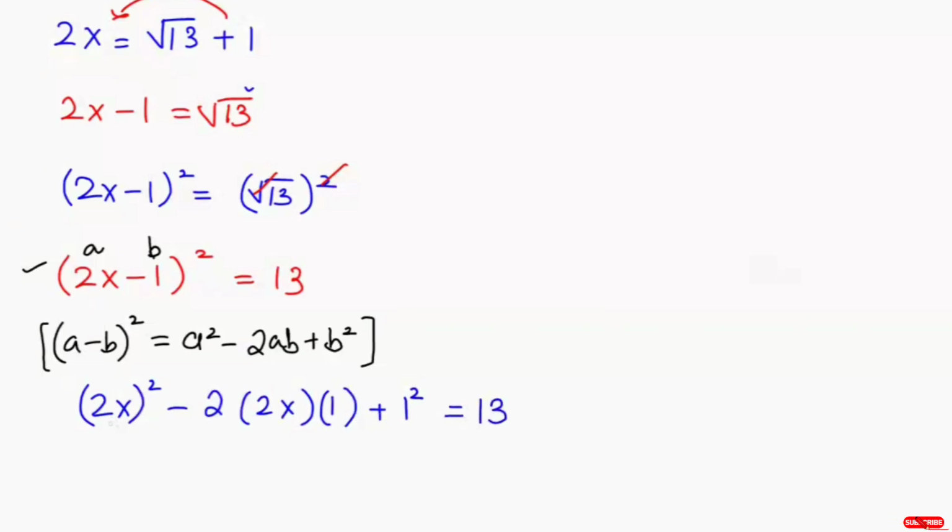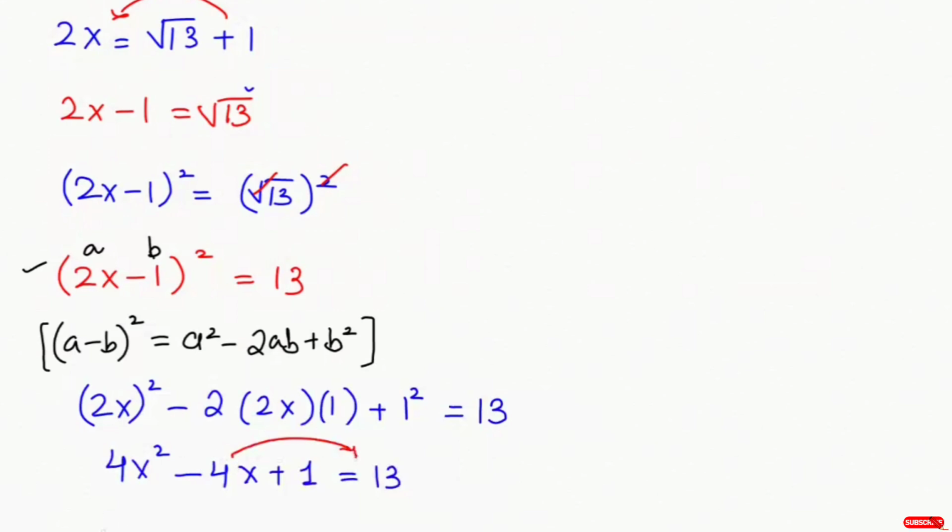This will turn to 2 to the power of 2 is 4, so 4x squared minus 2 times 2, that is 4x, plus 1 equals 13. Now in the next step, I will take this negative 4x and this positive 1 to the right hand side.